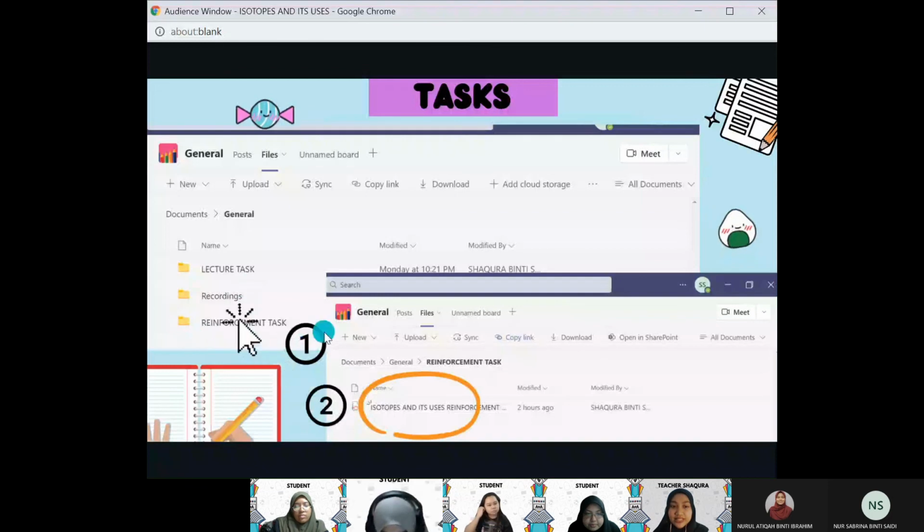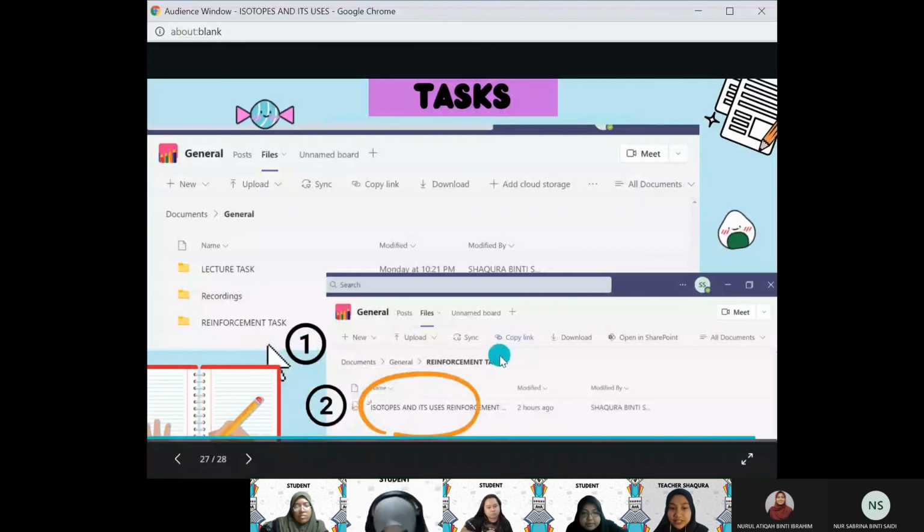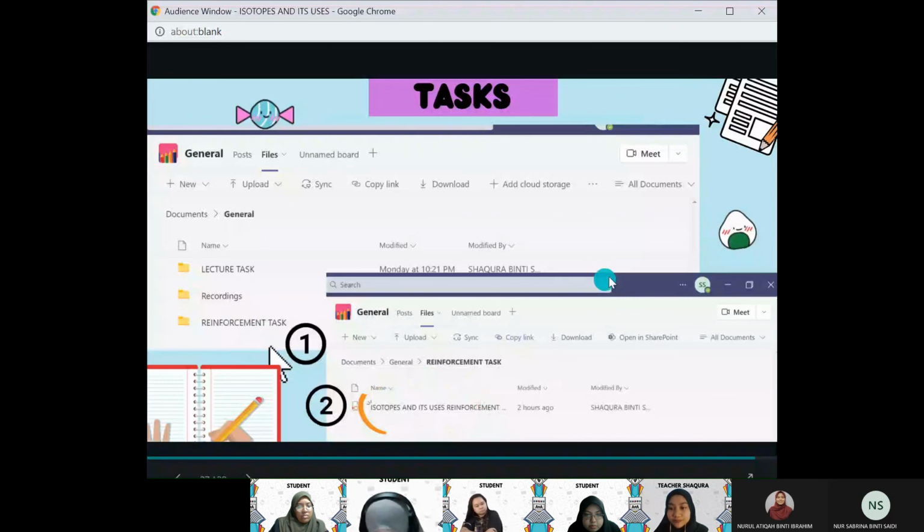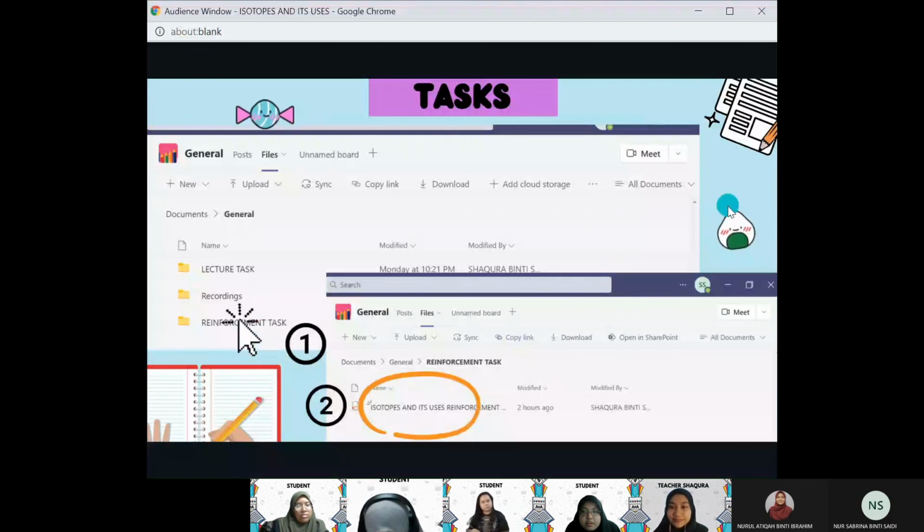And inside the folder, there is a PDF file named isotope and its uses reinforcement exercise. Inside the PDF, there are some objective questions and also subjective questions on isotopes. And I have also attached some YouTube links for you to watch. Okay? Okay, Miss.